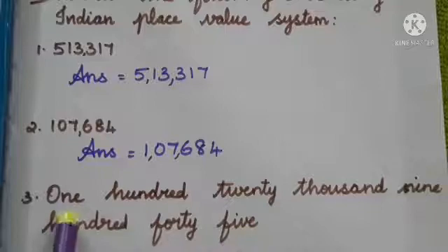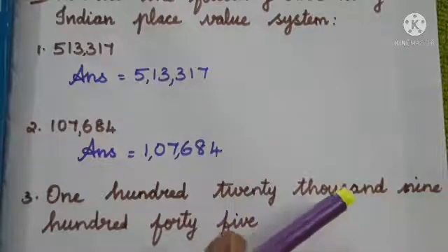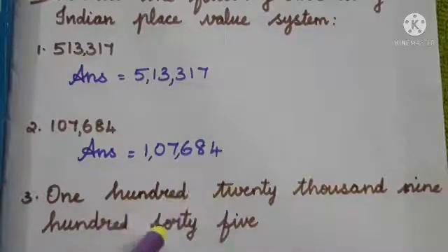Listen once again, 100 20,000, then 945. First we write the number in numeral form, afterwards we place the commas according to the Indian system.